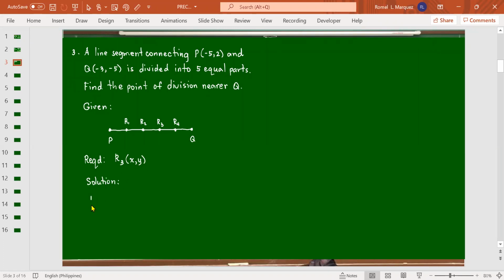So let's determine k first. To get k, we take the first point to the dividing point over the whole segment. So that is P to R sub 3, all over P to Q. What is P going to R sub 3? 1 unit, another 1 unit, another 1 unit.